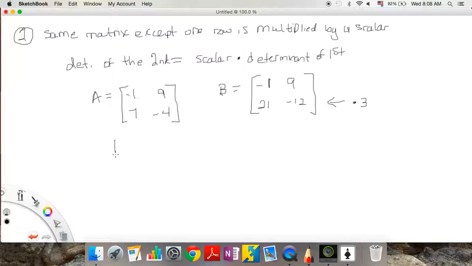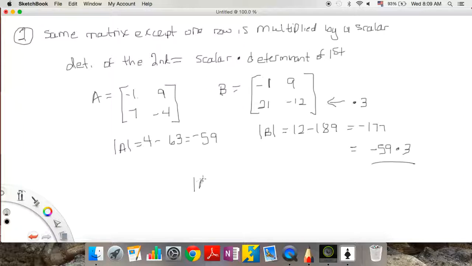So the determinant of A is 4 minus 63, or -59. And the determinant of B is 12 minus 189, which is -177. This number is -59 times 3. So the determinant of B equals 3 times the determinant of A, because we multiplied times 3 to get that new row.